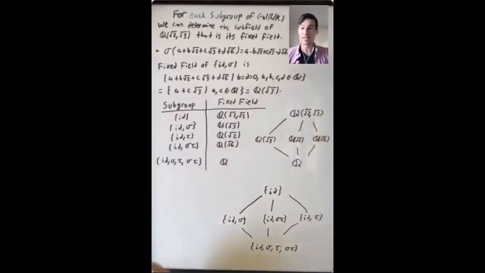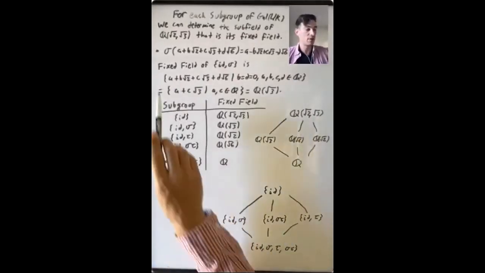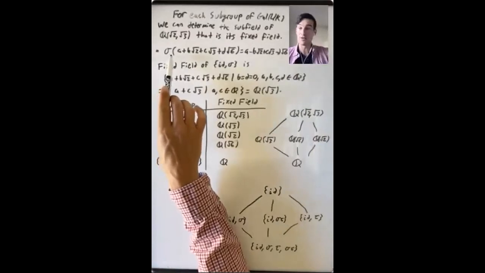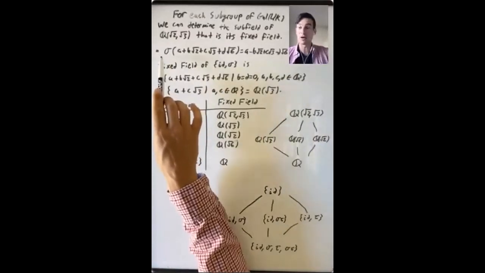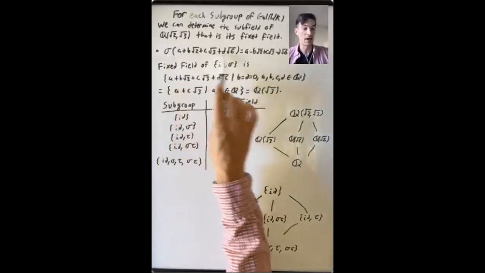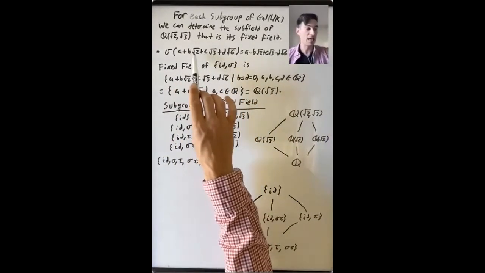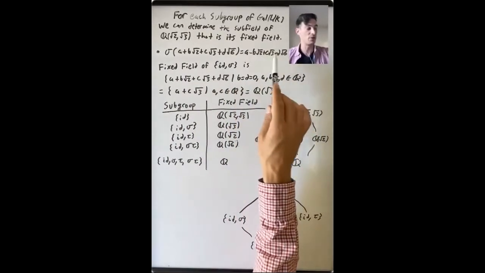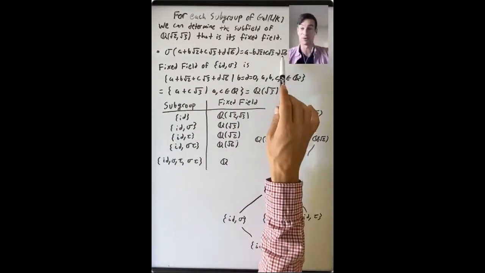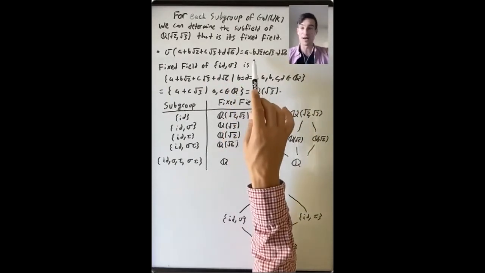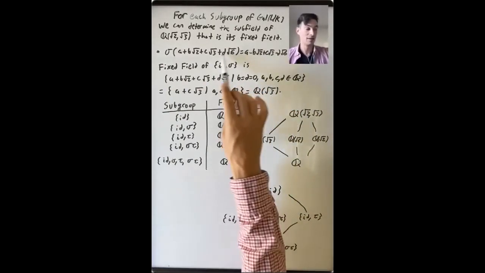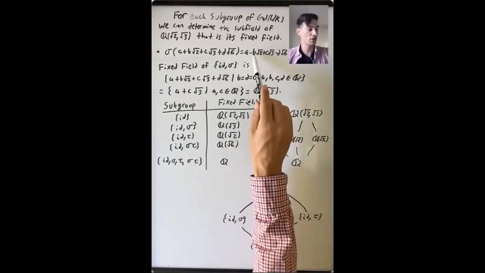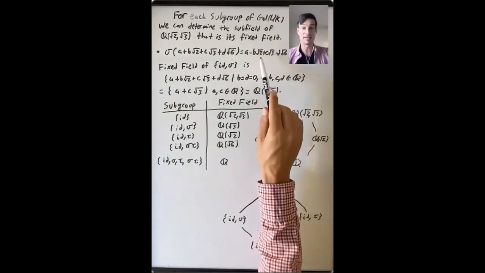So let's do an example. Remember, sigma is this automorphism that sends square root of 2 to negative square root of 2 and square root of 3 to square root of 3. So we saw how it acted on an element a plus b root 2 plus c root 3 plus d root 6. It sends it to a minus b root 2 plus c root 3 minus d root 6. So what does it mean for an element in L to be fixed by sigma? Well, if the coefficient b is not 0, this is not fixed.